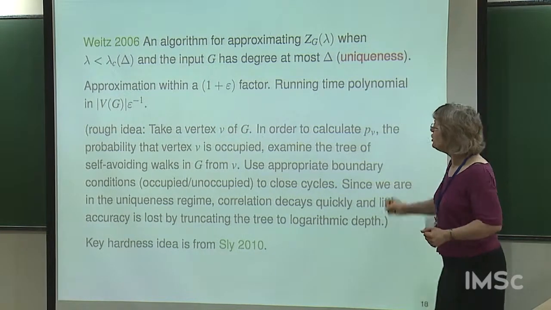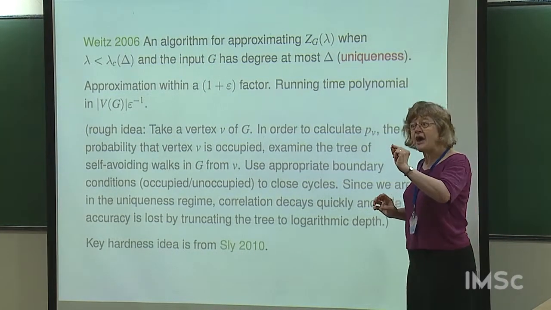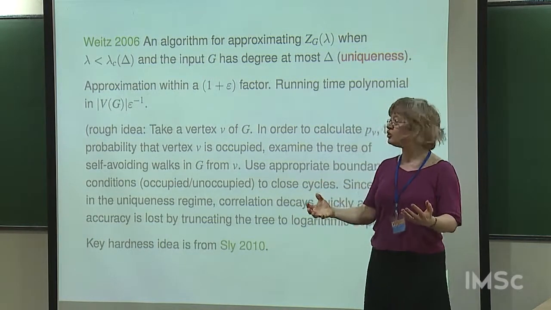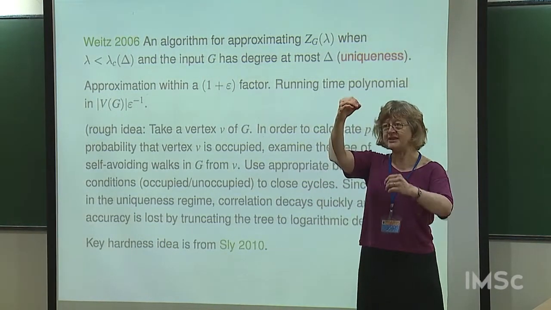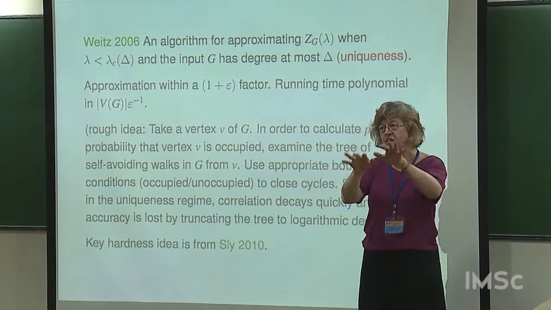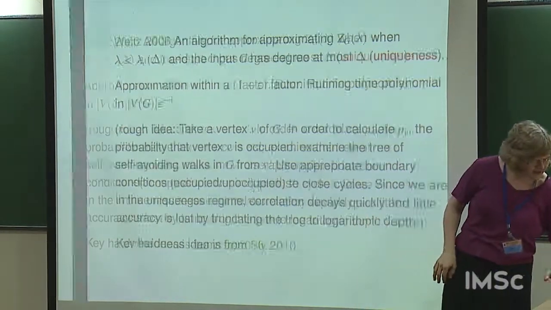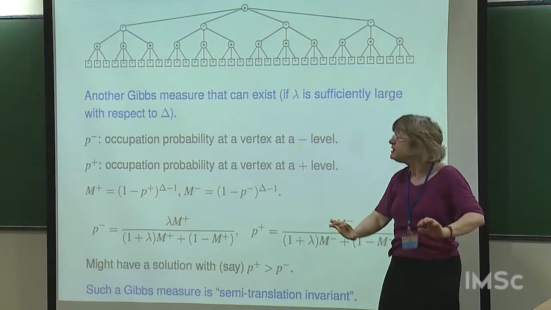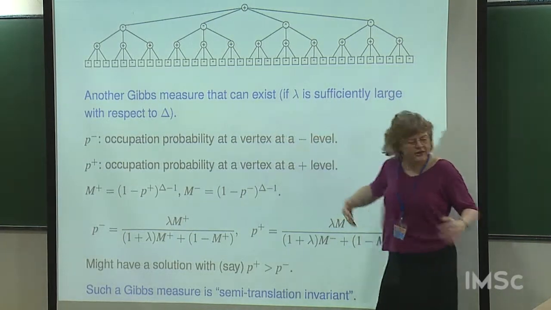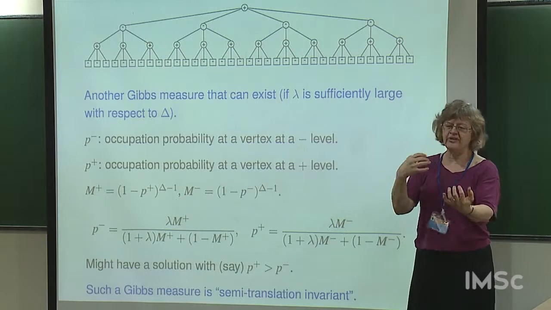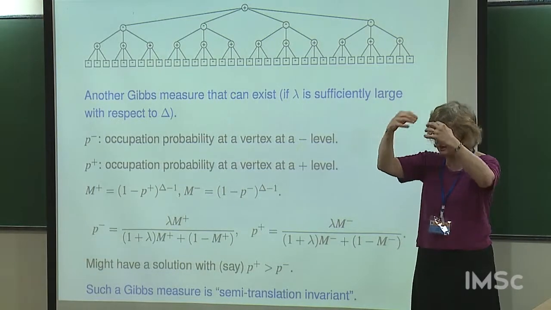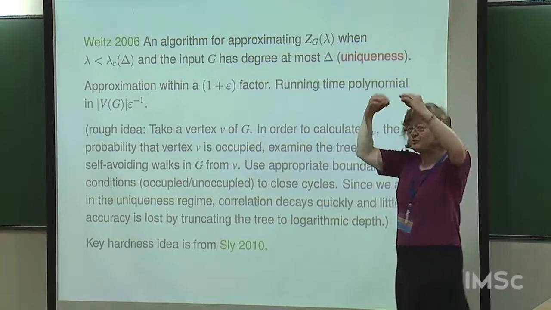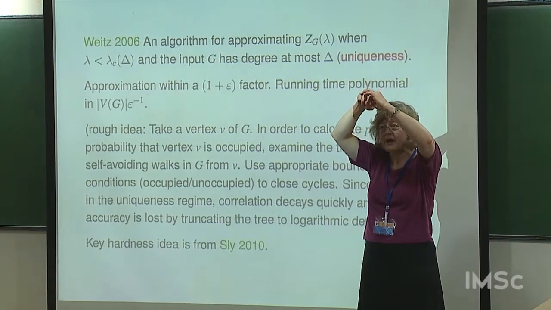That's the whole job. Now, how do you estimate the probability that a vertex is occupied? One thing you could do is take the vertex and consider all of its neighbors and all of their neighbors, and make a tree, much like our infinite tree, and take the tree to its whole depth and try to calculate the probability that this vertex is occupied.